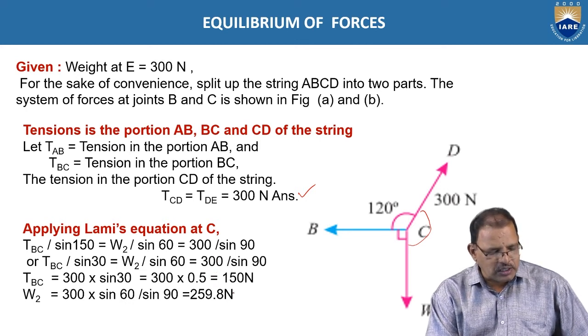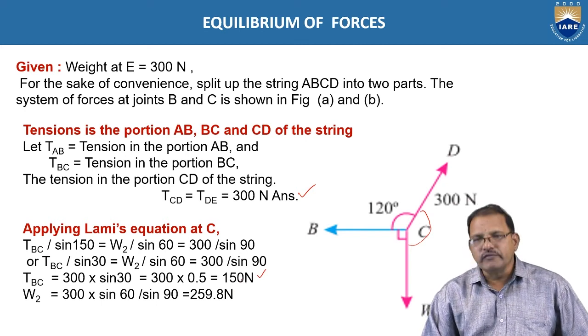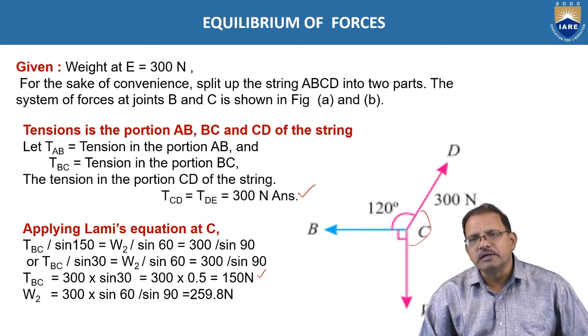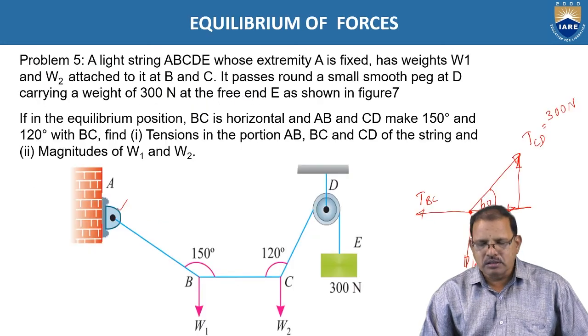On simplification we got W2 equal to 259.8 and TBC equal to 150 newtons. So we can resolve this problem by using sigma Fx equal to 0 and sigma Fy also equal to 0.